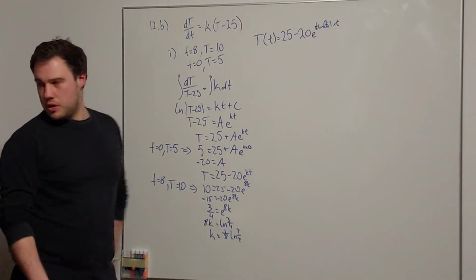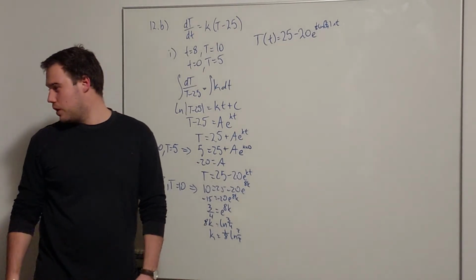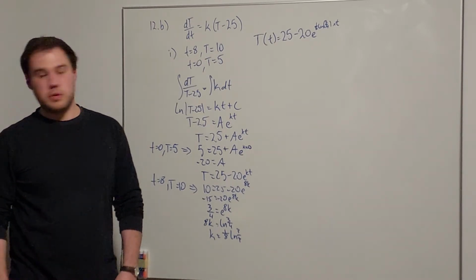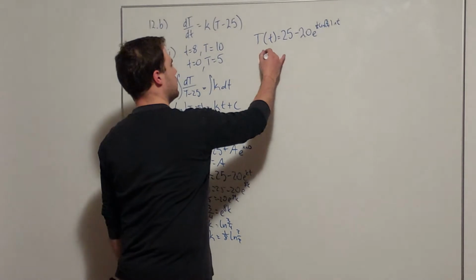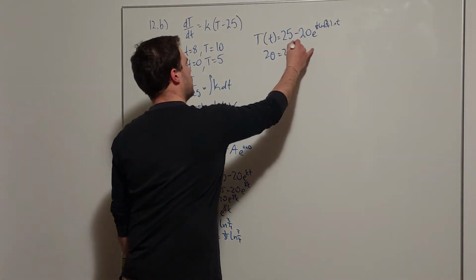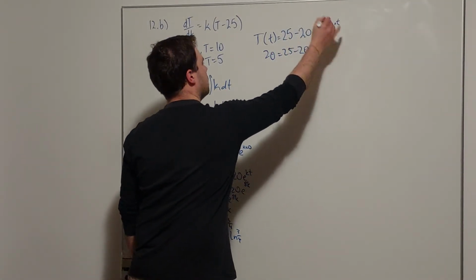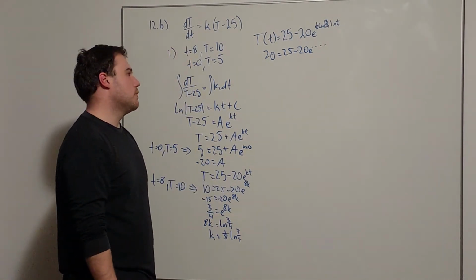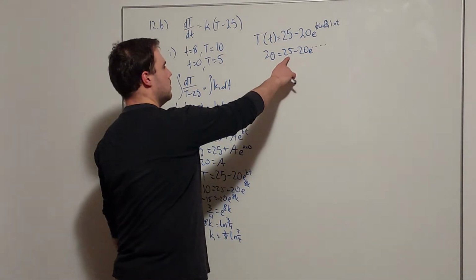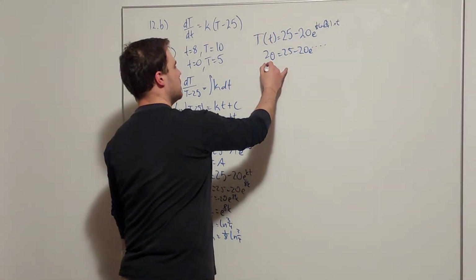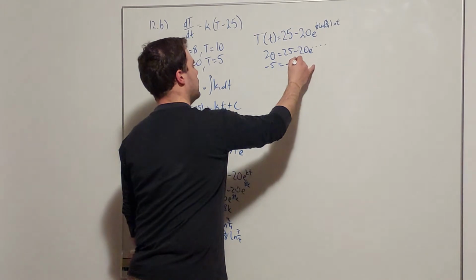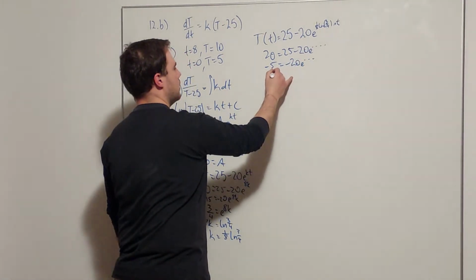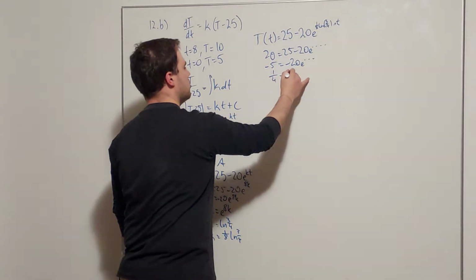Okay, and then what did the question actually ask us? Now that we've got the equation, find the value of t to the nearest minute when temperature equals 20. So we're going to set temperature equal to 20 and solve that for t. If we minus this over here, we're going to get negative 5 equals negative 20 e to the power, and dividing by negative 20 gives us a quarter.